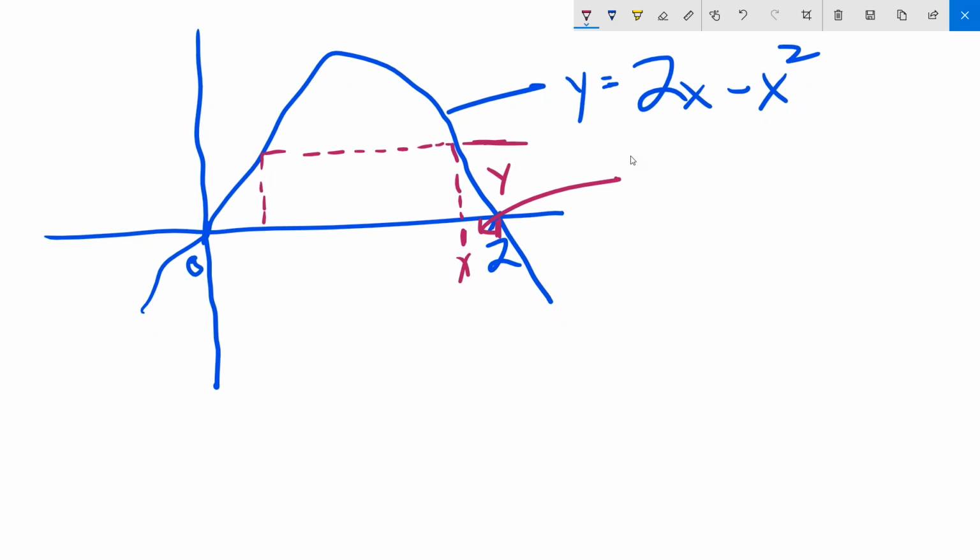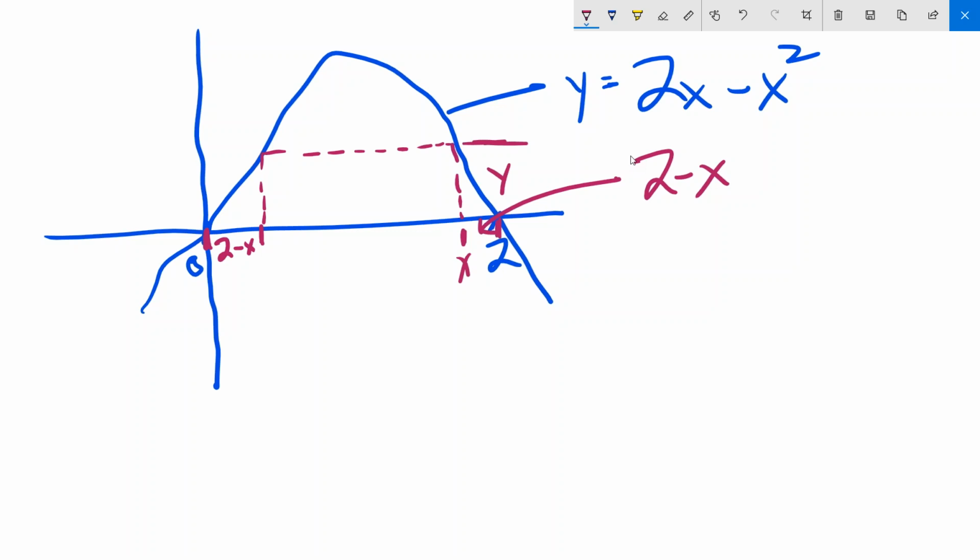What's that distance right there? 2 minus x. If that's 2 minus x, what is this distance right here? That's 2 minus x as well. You can kind of see why they have to be the same.